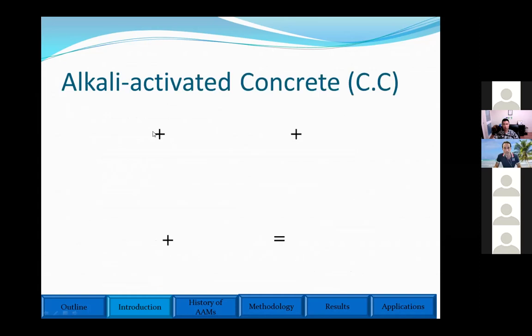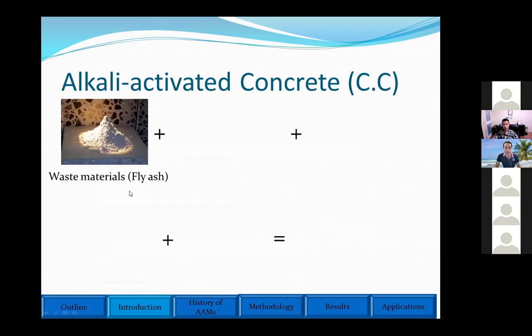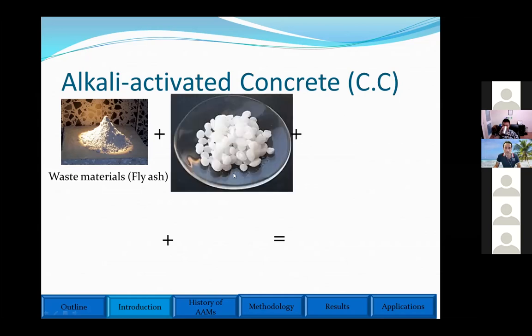For this type of concrete, we need waste material, but not just any type. It should have enough reactive silica, alumina, and calcium, like fly ash. We need some chemicals and a little bit of water to dissolve it, and this solution dissolves the waste material, so we get enough silica, alumina, and calcium.